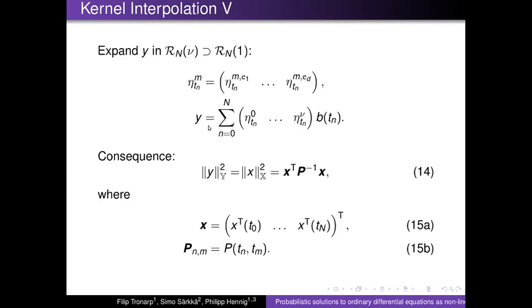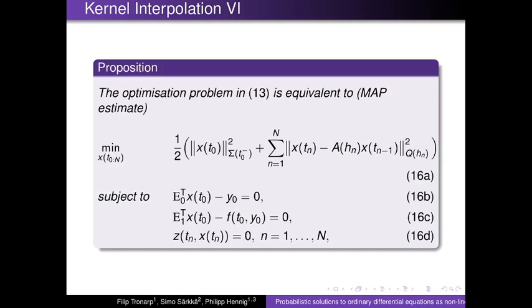We get the expansion of our optimal point like this, and then the RKHS norm of Y is of course equal to the norm of X, which is just this bold X transpose P inverse X, and this bold P is just the kernel matrix associated with function evaluations of X, and we know that it's also the covariance matrix, and we also know that it's a Gauss-Markov process, so the inverse is sparse, and we can in fact just write the interpolation problem like this, which just happens to be the MAP problem. So the optimal interpolant and the MAP problem are the same.